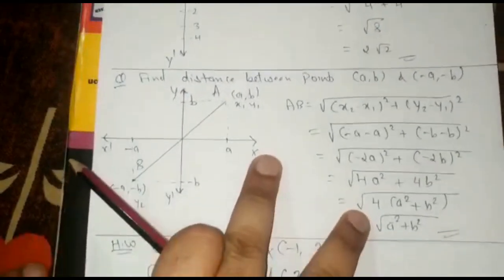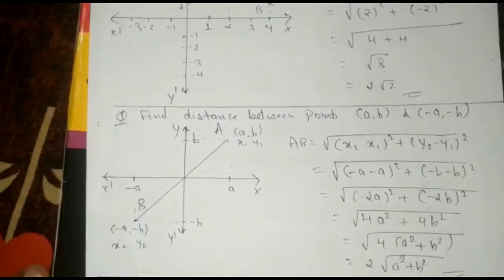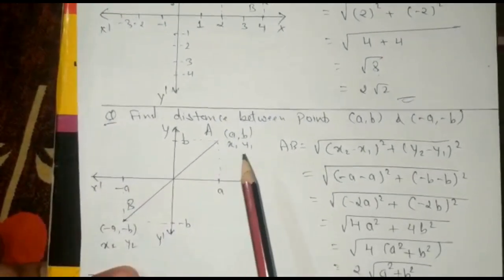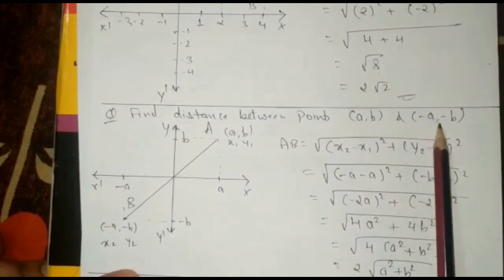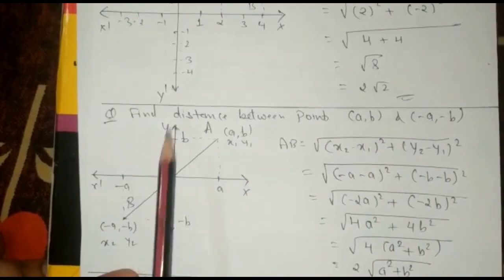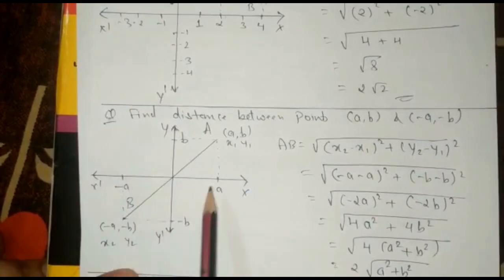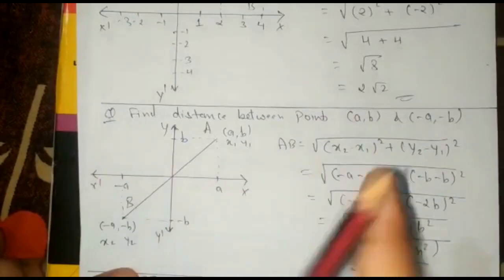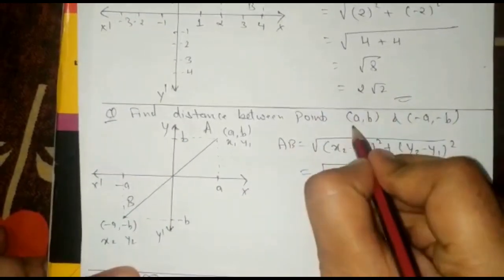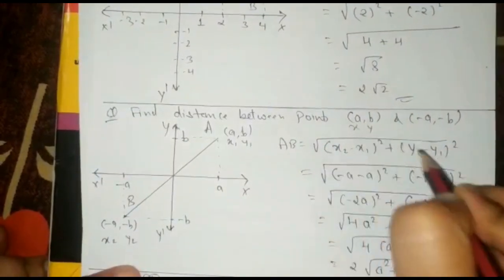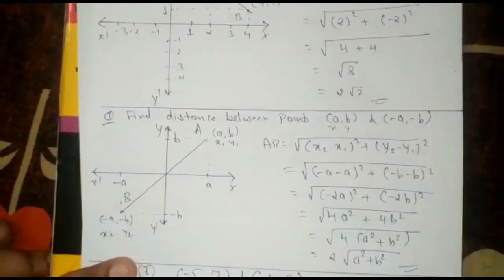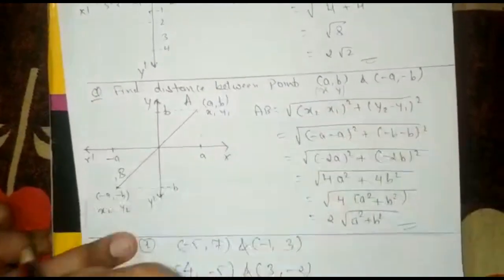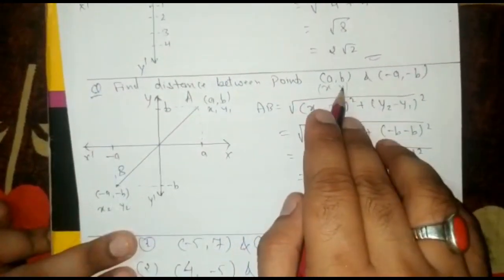Let us move to the second question: find the distance between the points (a, b) and (minus a, minus b). We have to locate these points on the Cartesian plane, that is the x-y axes. The point (a, b) is represented in the form (x, y), so a represents the value of x and b represents the value of y.